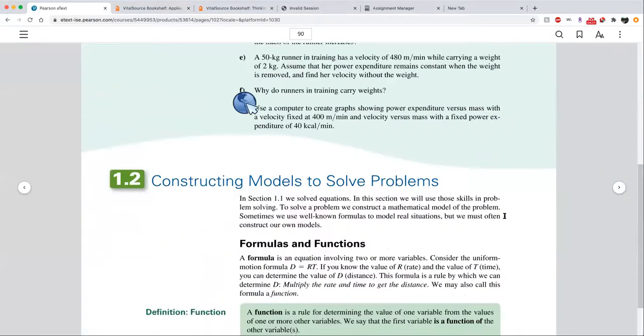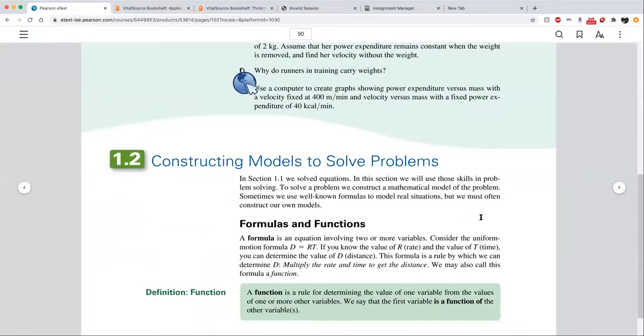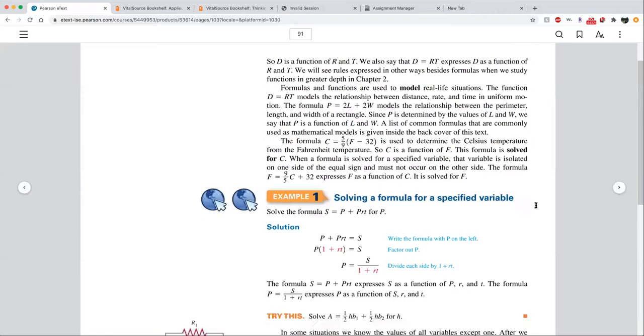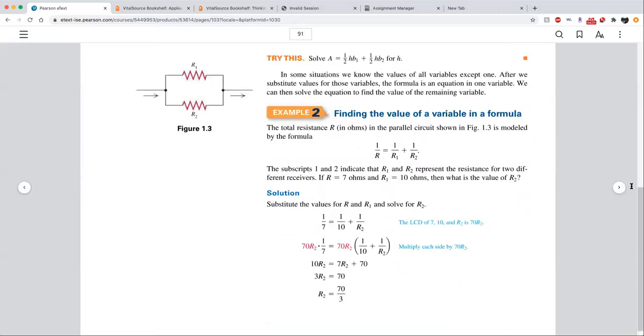Section 1.2, constructing models and solving problems. The key objective is this: for given application problems, construct the linear equation with one variable and solve it. It's simple, right?